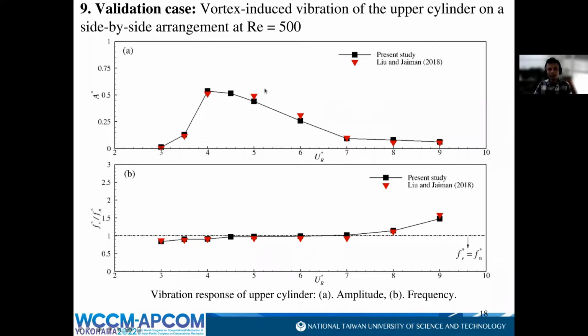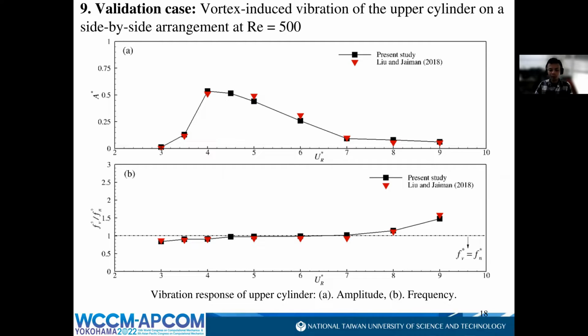Next, this is the validation case. We use the vortex-induced vibration of the upstream cylinder in a staggered arrangement at Re 500. We compare the amplitude and the frequency response with the Liu and Jaiman result, and we can see this validation result.